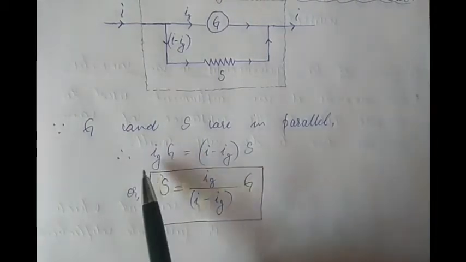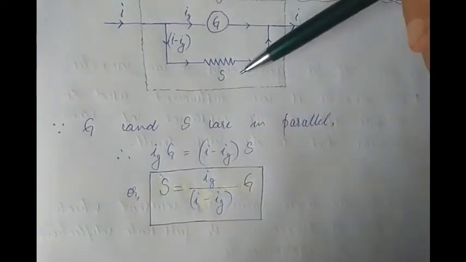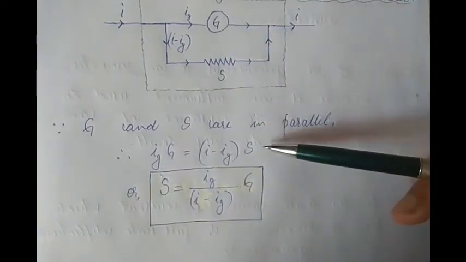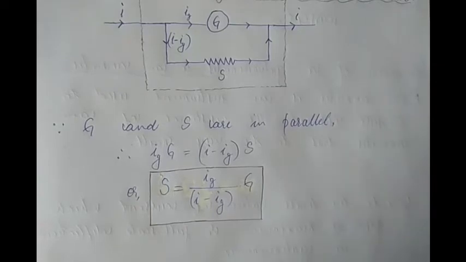The potential difference across the galvanometer is Ig into G, and the potential difference across the shunt is (I minus Ig) into the resistance of the shunt itself, which is S. So from here we can see the resistance of the shunt S is equal to Ig divided by (I minus Ig) into the resistance of the galvanometer, G. So to say, by connecting a shunt having resistance S in parallel, the galvanometer is converted to an ammeter having range 0 amperes to I amperes.